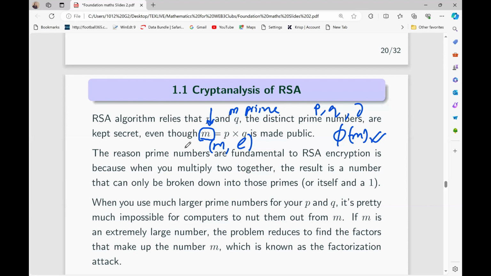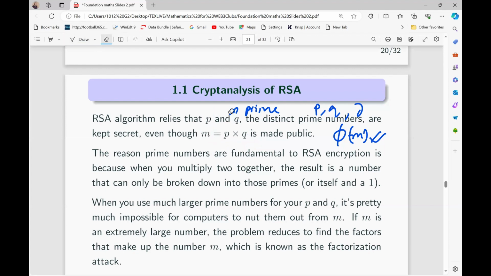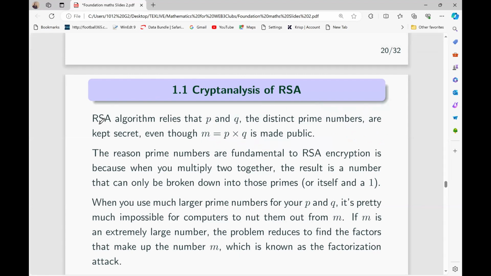Now, if he has a very powerful computer that can factorize, then he can attack it. But for computers which are currently in existence, if you chose a very large M, it might take years to factorize this M. So for the RSA to be attacked, M has to be factorized.